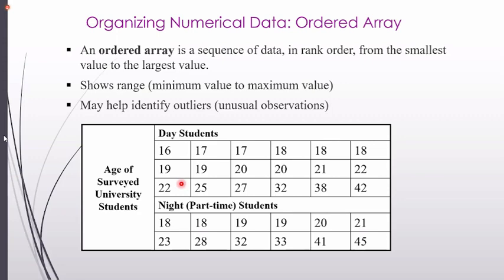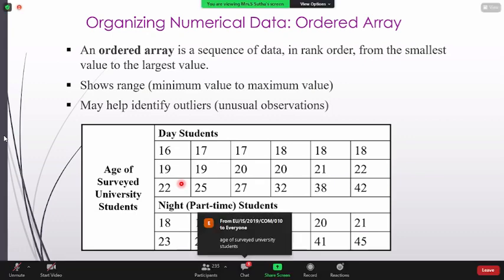Ordered array. Now it is in the ordered array, right? This table represents an ordered array. What is the variable for this study or for this data we considered? Age of surveyed university students. Yes, the age of the surveyed university students, right?